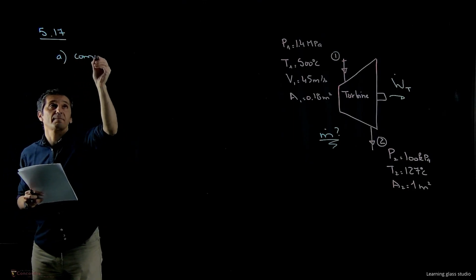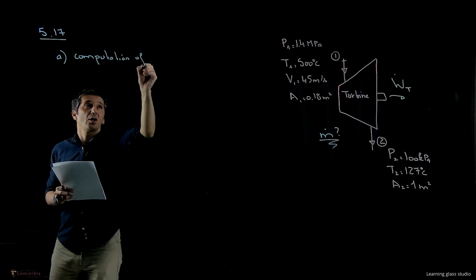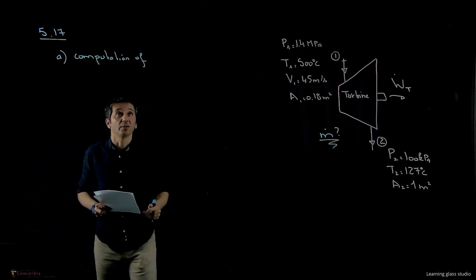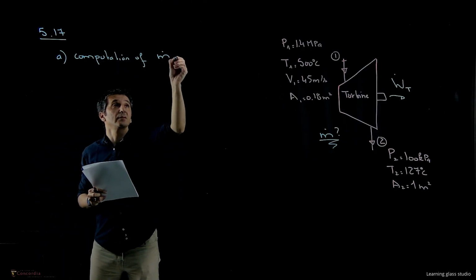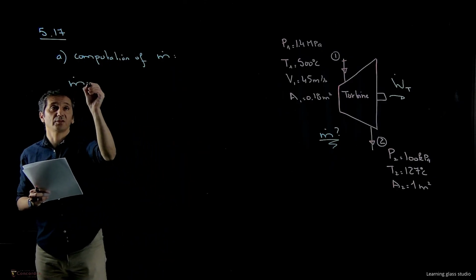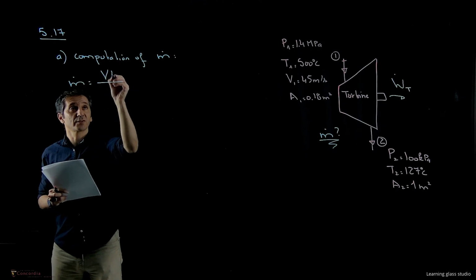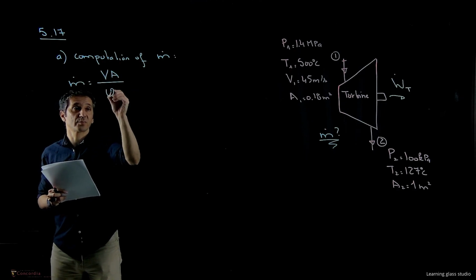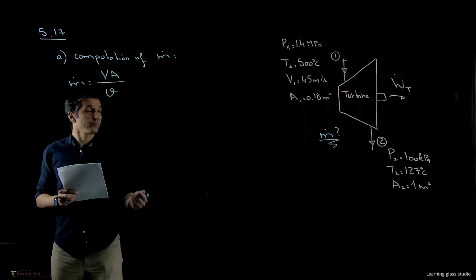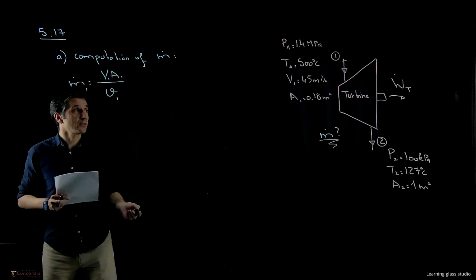Okay, so A, computation of the mass flow rate m dot. So we know by definition, okay, that m dot is equal to velocity cross area over specific volume, okay? So m dot 1 is equal V1 A1 over specific volume v1.